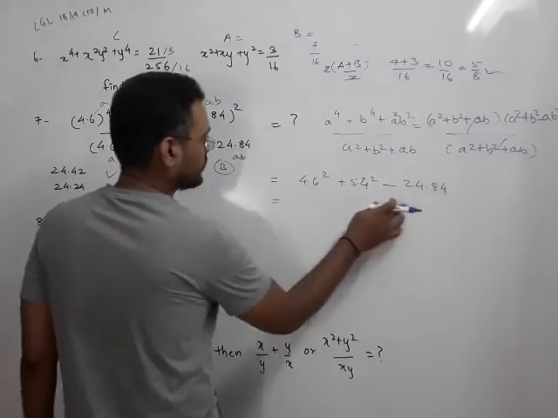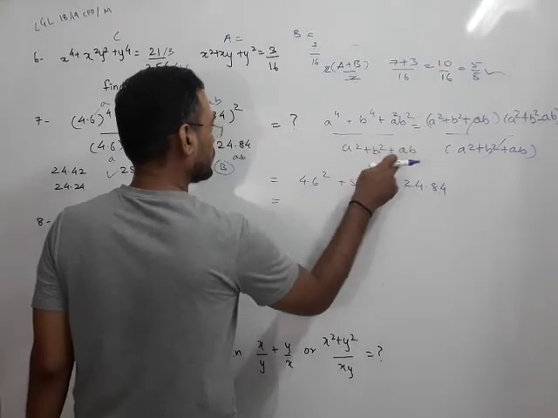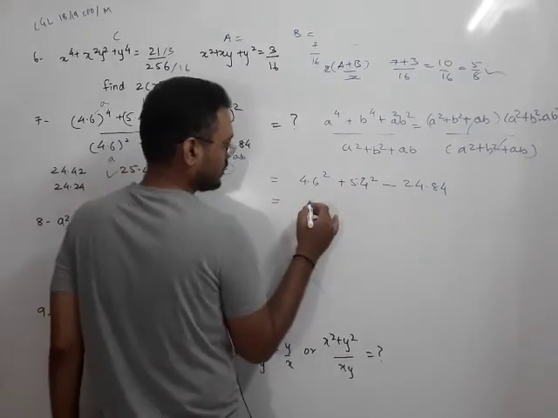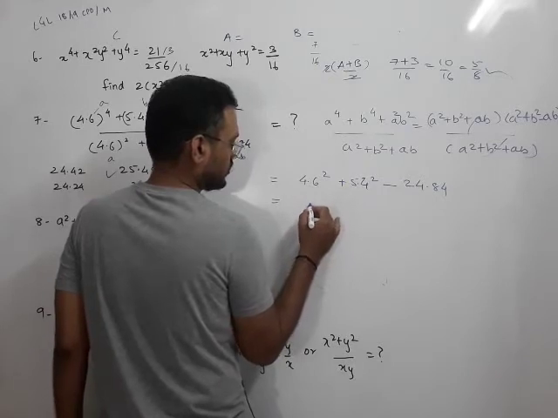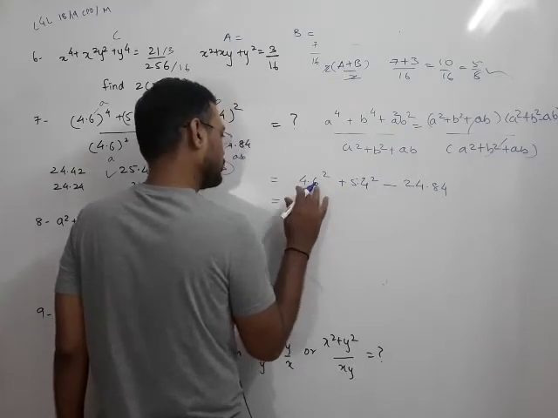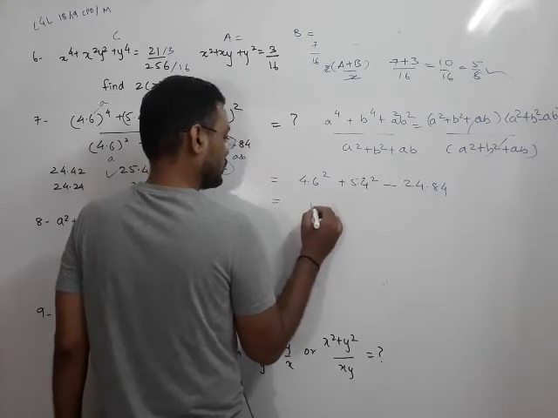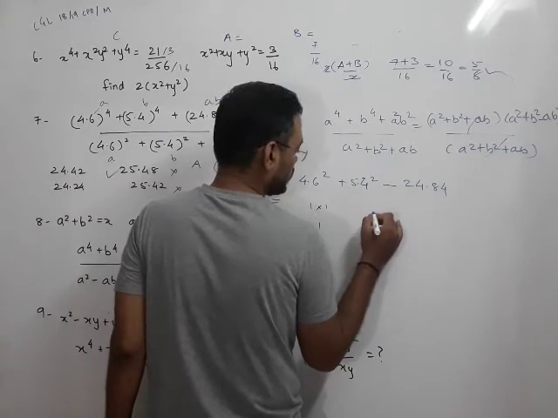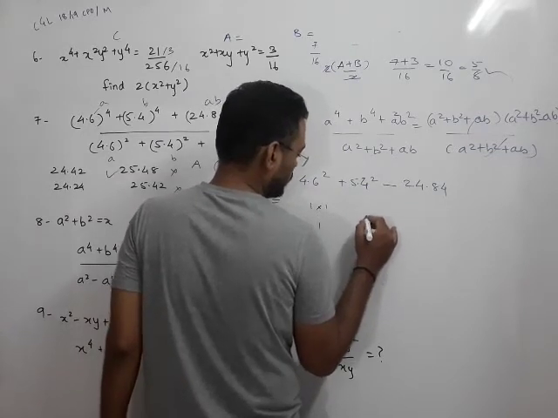A square plus b square minus ab, a square plus b square plus ab. A square is 6, 4, 10, 1 into 1, which is 1, this is 9 into 9.